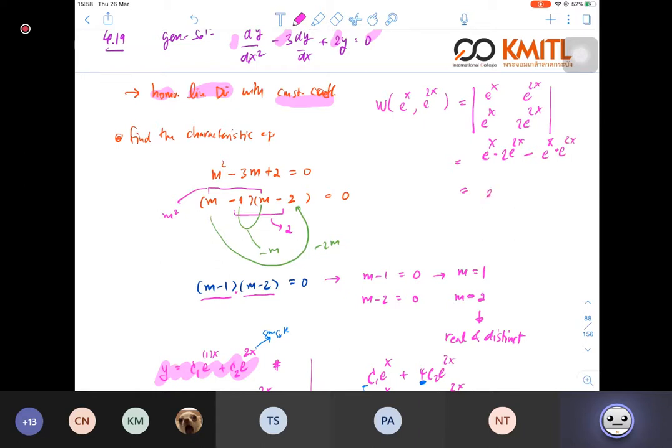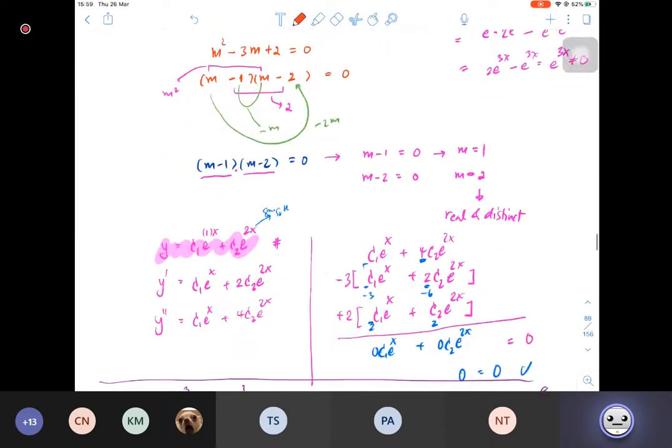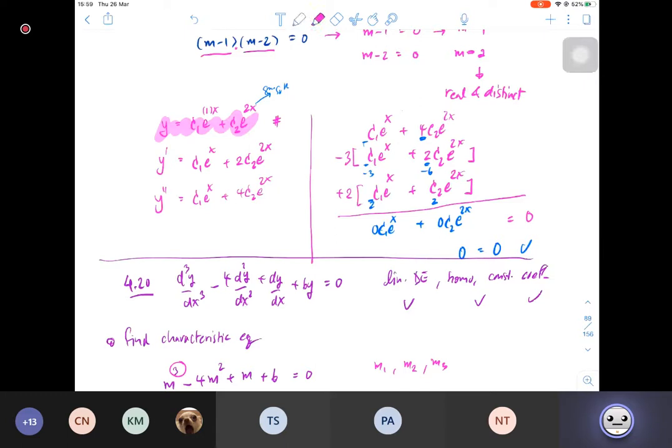So this is 2e to the power of 3x minus e to the power of 3x, which is e to the power of 3x, not equal to 0. So it means that e to the x and e to the power of 2x are linearly independent. That's why we can make this general solution.